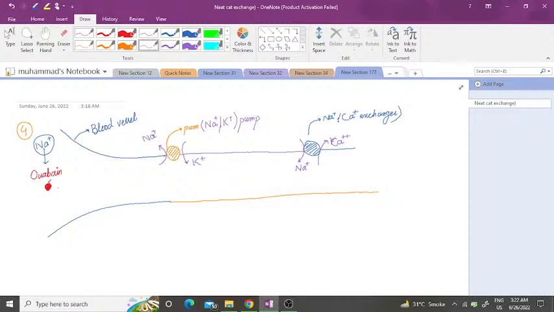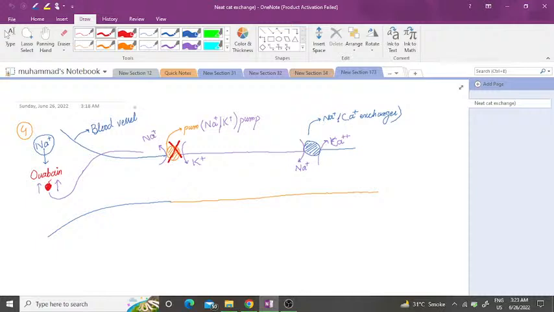Excess ouabain is produced in our body because of excessive use of sodium. Now this ouabain will come and inhibit this sodium potassium pump, so the pump will be blocked.